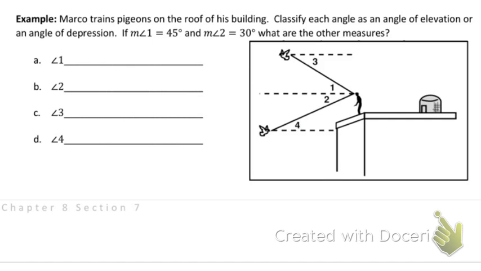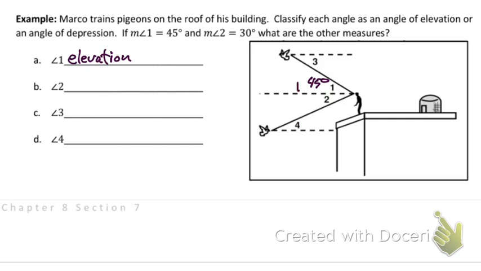So first of all, let's talk about angle 1. Well, angle 1 they told me was 45 degrees. So I'm going to draw on the picture. And then we're going to state angle 1 is an angle of elevation, because that's the angle of Marco standing on his dangerously close to the edge, it looks like, roof.